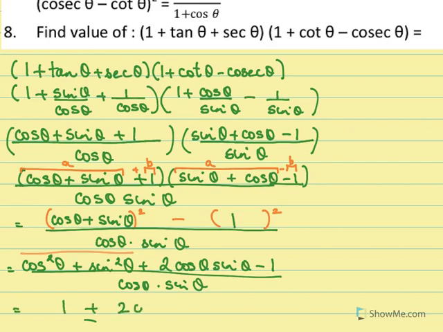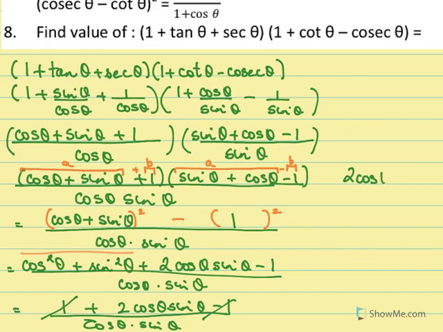So this is 1 plus 2 cos theta sine theta minus 1, over cos theta sine theta. Plus 1 minus 1 cancels out. So you have 2 cos theta sin theta over cos theta sin theta. This cancels out. The answer is 2.